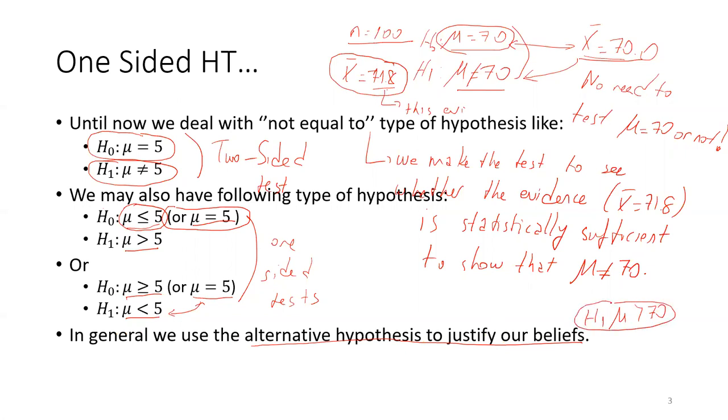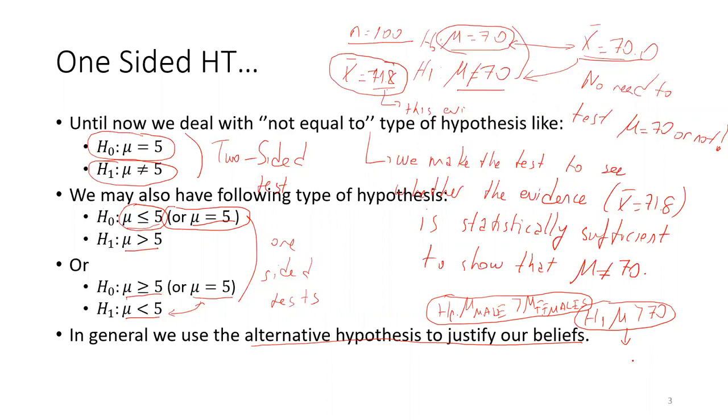Or for example, if you believe that the GPA of the male students is greater than the GPA of the females, you put this into the alternative one. Why? Because it turns out that you have an evidence for this, and so what you want to do is you want to prove this.